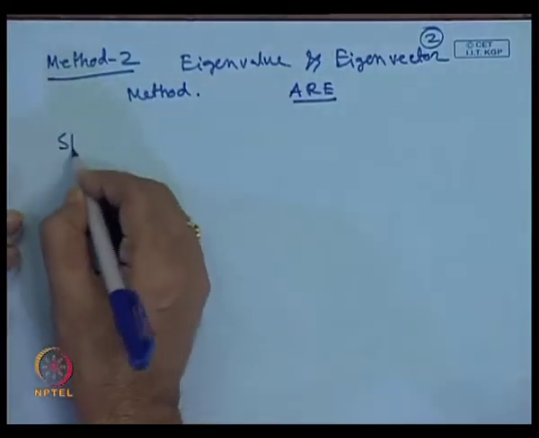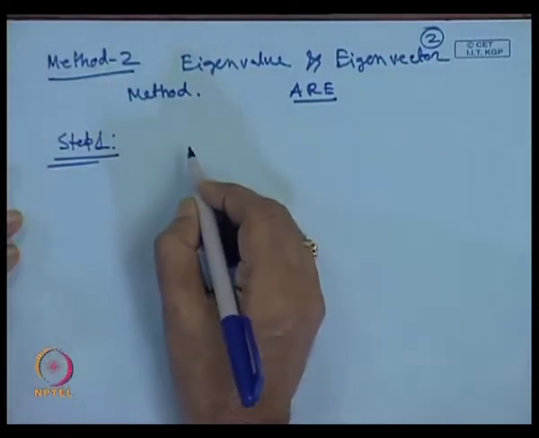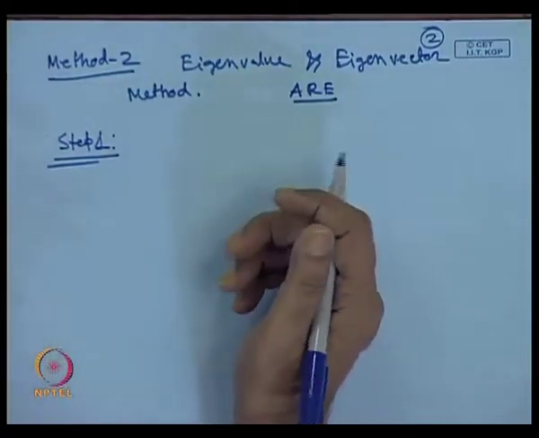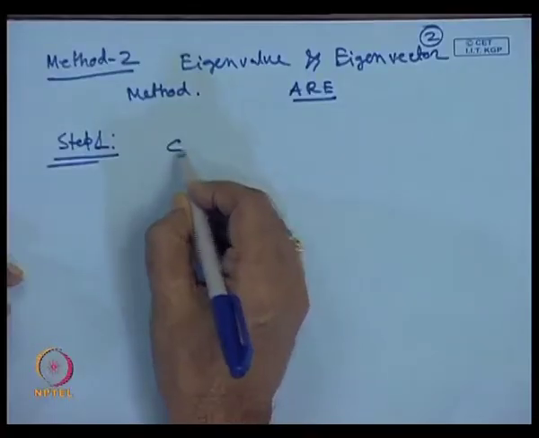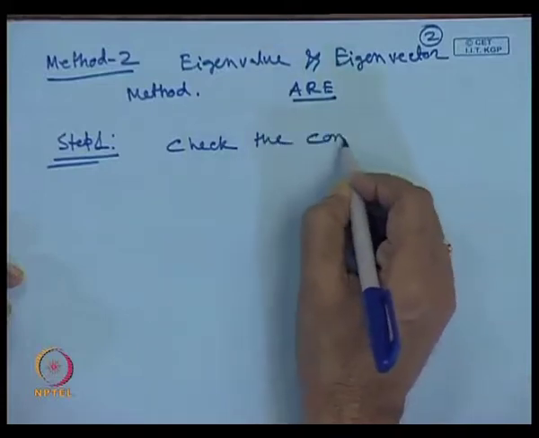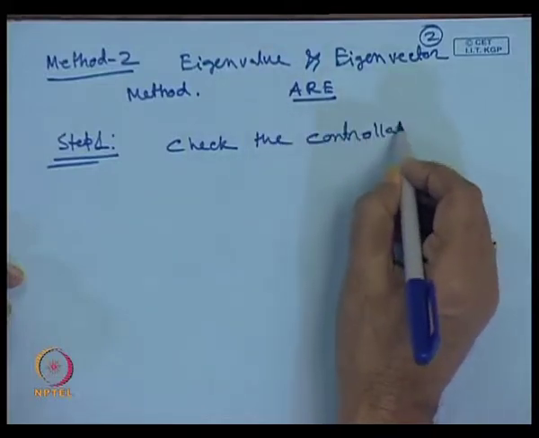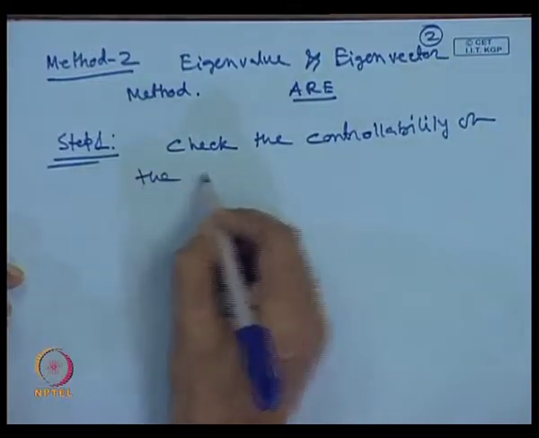So, step 1. When you are designing an LQR problem, first you have to see whether the system is controllable or not. The controllability test we have already mentioned. So, first check the controllability of the system.